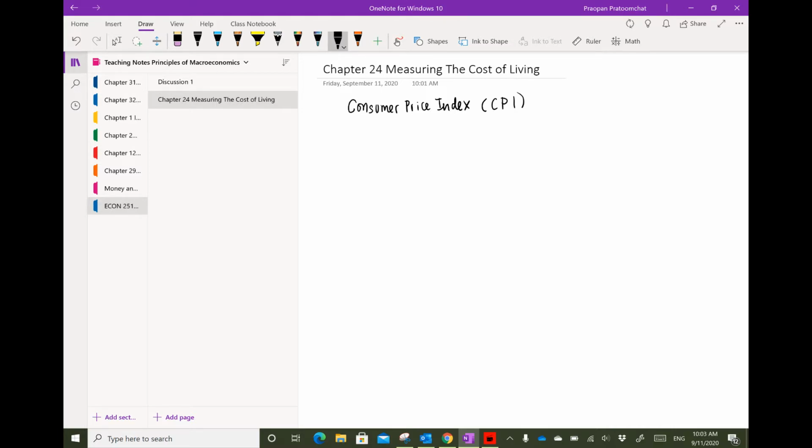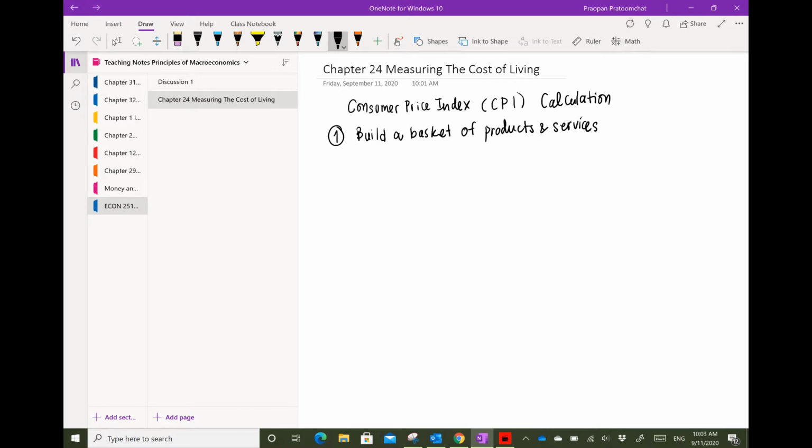How do we calculate CPI? Okay. First step, you have to build a basket of products and services. So you're going to think about a typical consumer in the United States.